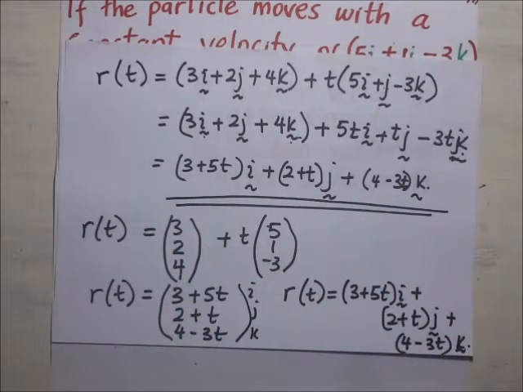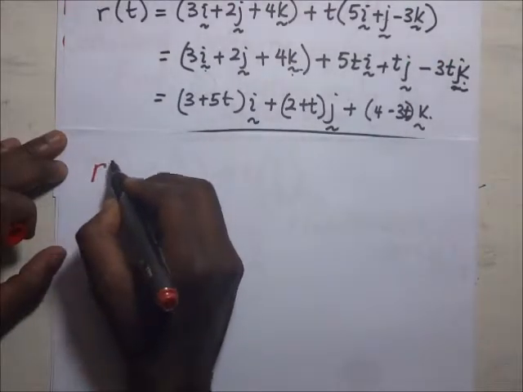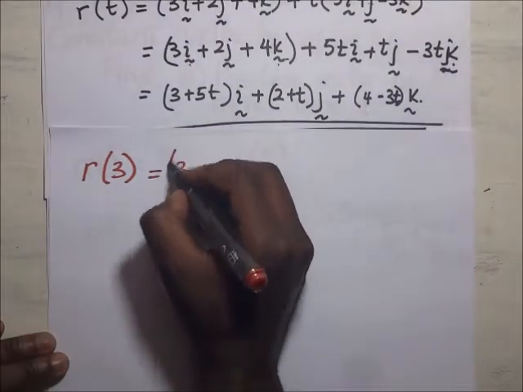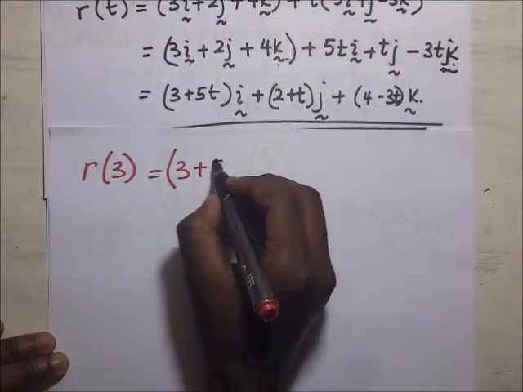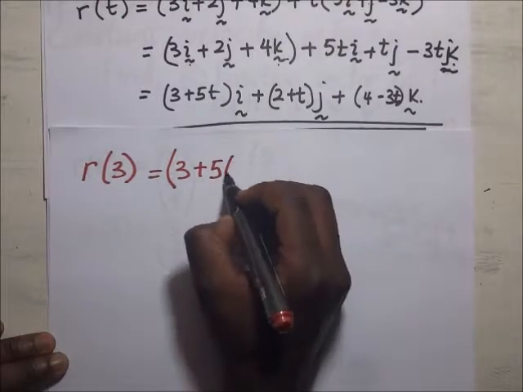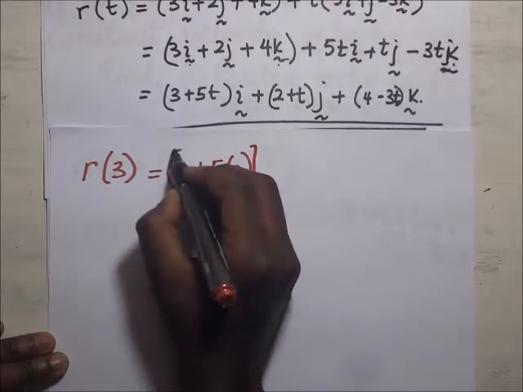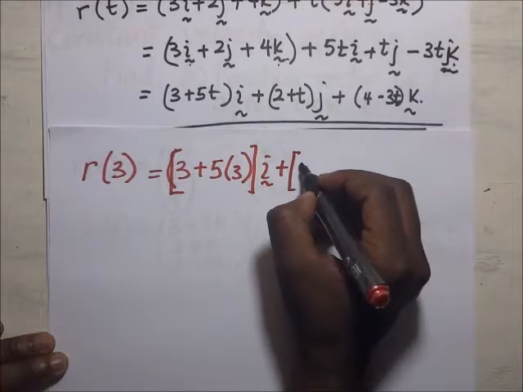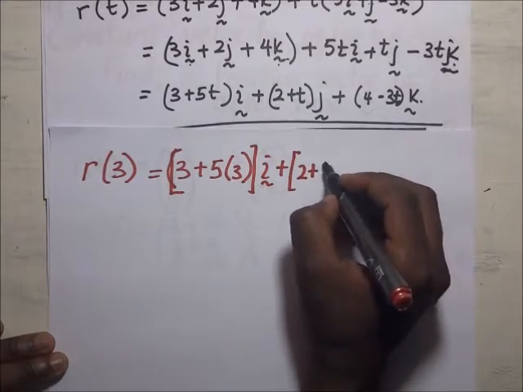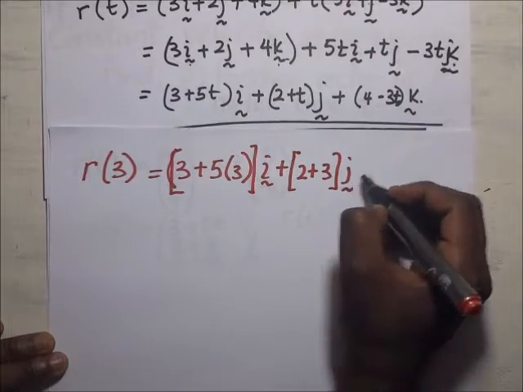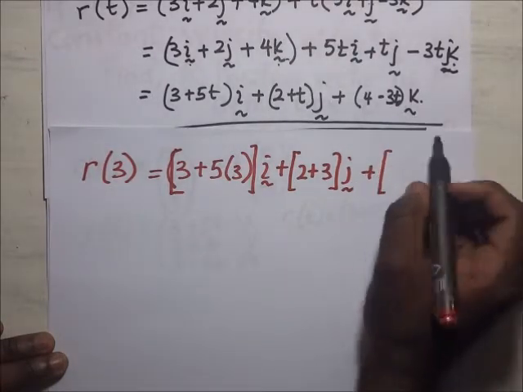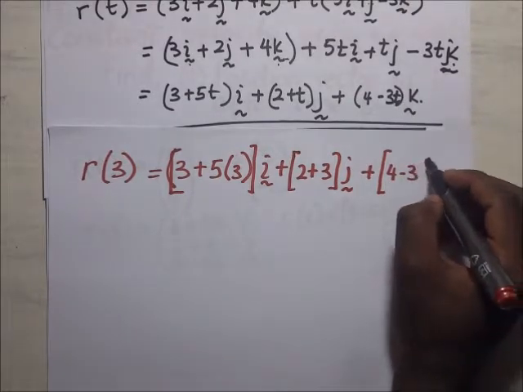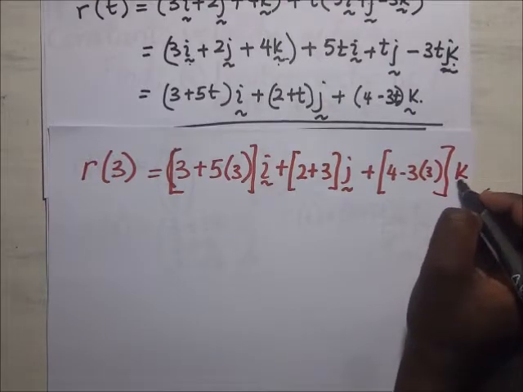So in this case, the position vector after 3 seconds, which is r after 3 seconds, is going to be equal to, still from our earlier expression, 3 plus 5t. Now our value of t is 3, so 5 times 3, all this is i, plus 2 plus 3, our value of t is 3, j, plus 4 minus 3t, the value of t in this case is 3, that is k.